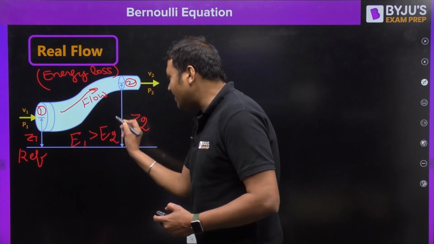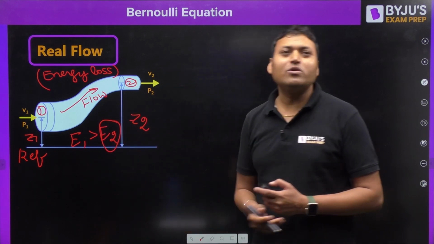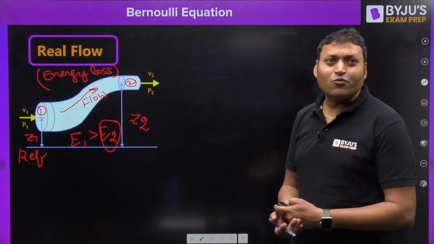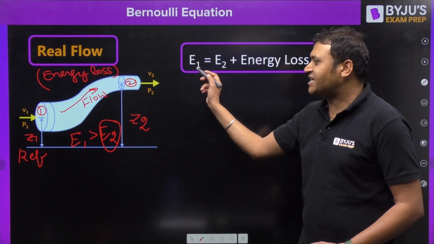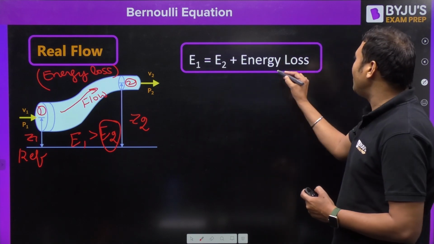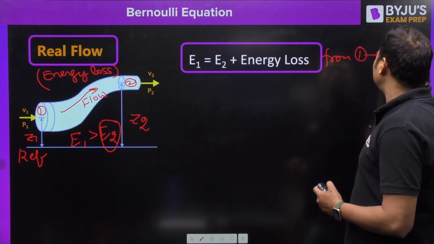So in equation form, we need to add some energy loss to term 2, and that will make it an equation. So the total energy at section 1 is equal to the total energy at section 2 plus the energy loss from section 1 to section 2.